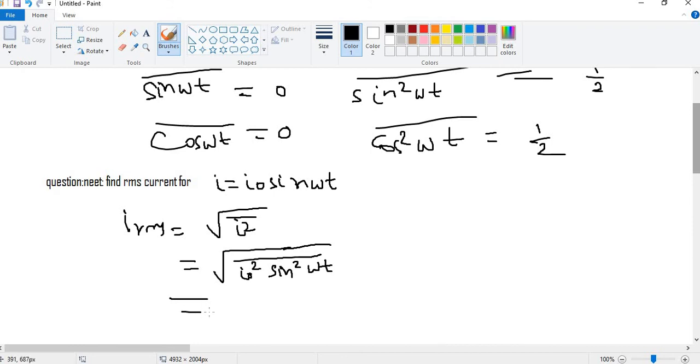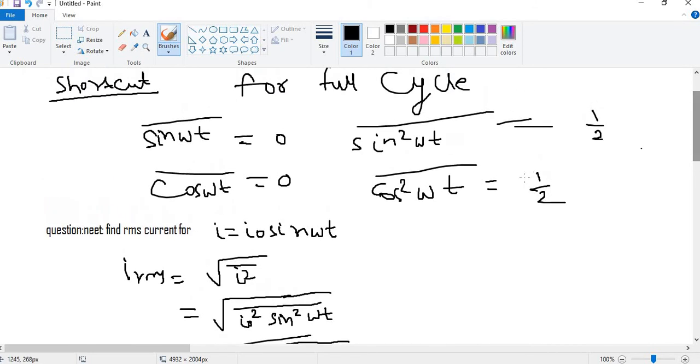We are going to divide the mean across both. So this will be I naught squared, one mean, and the other mean is sine square omega t mean. Now tell me the value of sine square omega t mean. I have given the shortcut directly: sine square omega t mean is 1 by 2.